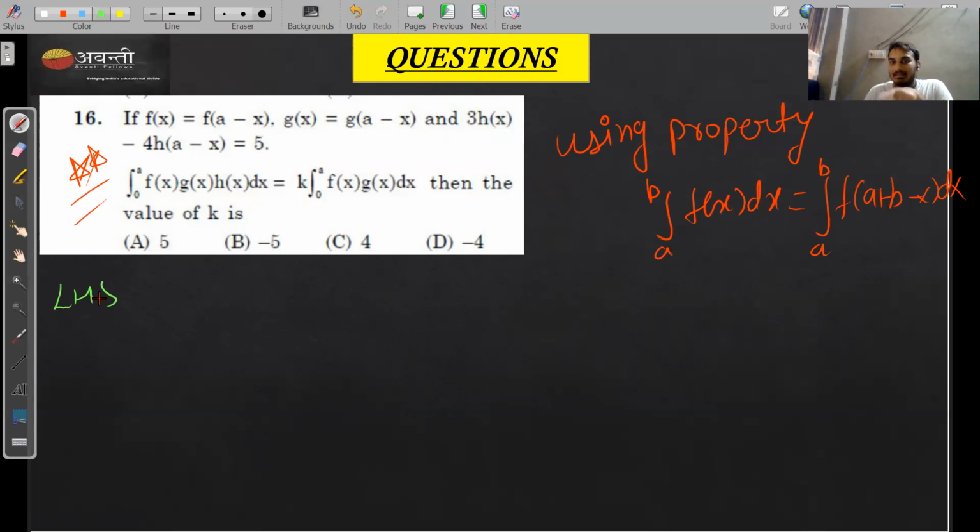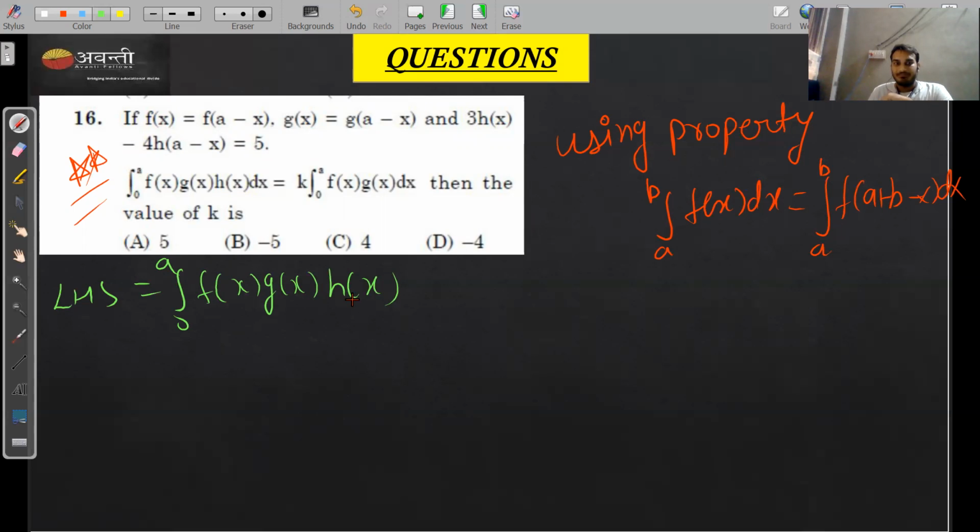And now you can get the hint of this property by seeing a minus x, a minus x, a minus x. So the only way I can get the a minus x is by using this property, a plus 0 minus x, right? So the LHS is the integration from 0 to a of f of x, g of x, h of x.